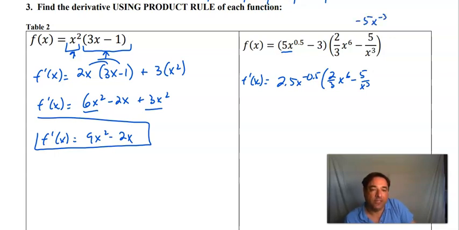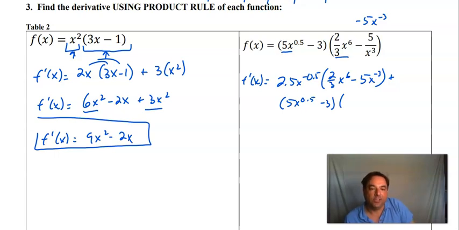That would be a little bit easier when we're taking the derivative, and when we're trying to clean that up. So minus 5x to the negative 3. Then remember it's plus the original first one, 5x to the 0.5 minus 3 times the derivative of the second.